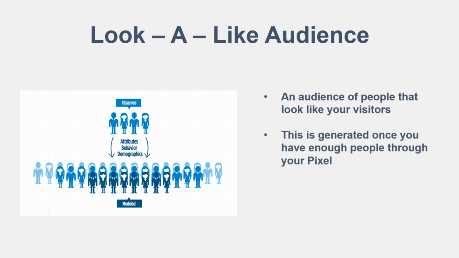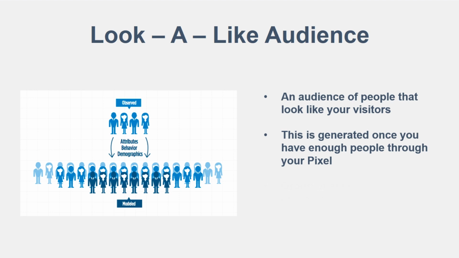And this is generated once you have enough people through your pixel. So you want to get your pixel nice and seasoned, nice and stacked up. You've got to throw that salt and pepper on there. You've got to get your pixel ready for the lookalike audiences and for the retargeting. You can't just start doing a lookalike audience with only 5 visitors. It doesn't work.